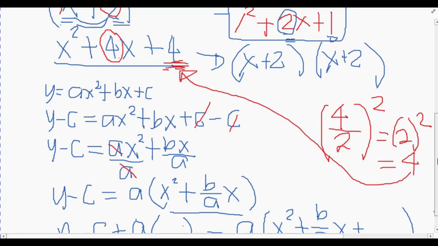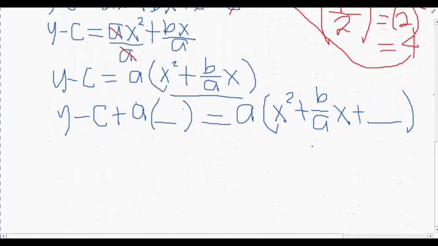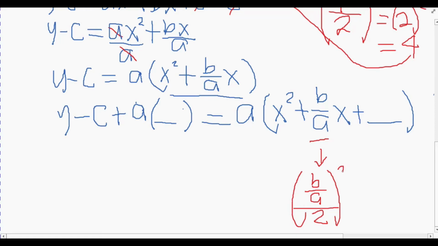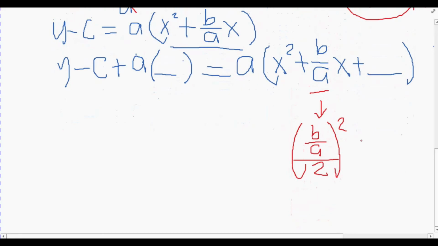So we will do it also here. Our middle term is b. So this will become b over a, and then we divide by 2 and then square it. That is to get the last term. But before we square that, we are going to evaluate the inner part.